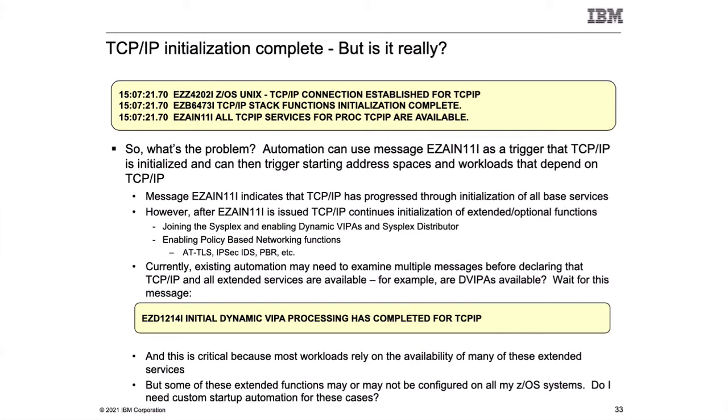For example, do the applications need dynamic VIPAs or Sysplex Distributor? Do AT-TLS policies need to be loaded because your applications require secure connections? And so on. Your automation may need to process multiple TCP/IP messages to determine when an application can be started. And that list of messages may be different for each of your workloads.